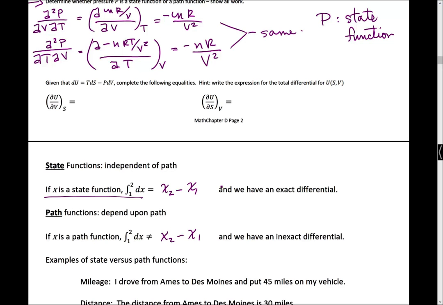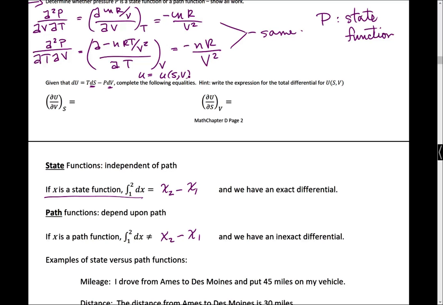When I step back from this differential equation, it tells me that changing S and changing volume will impact the energy of the system. So I can say that U is a function of S and V.